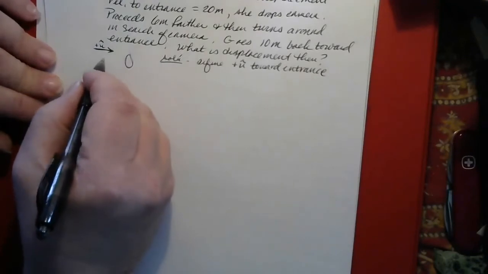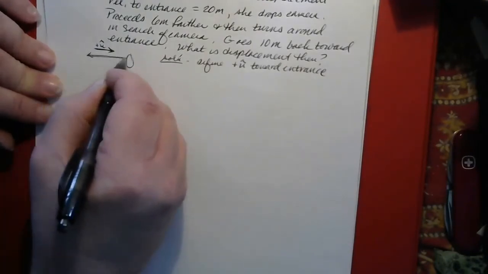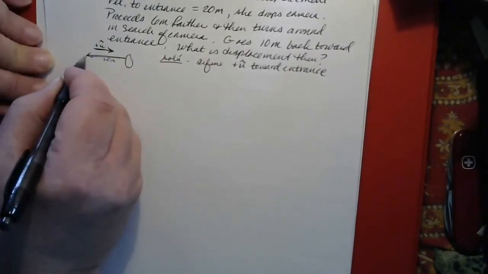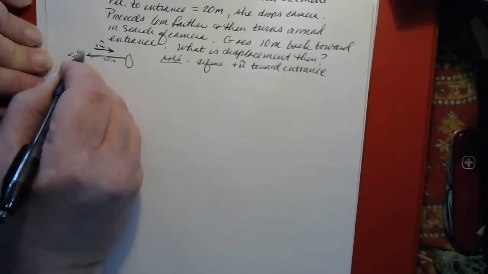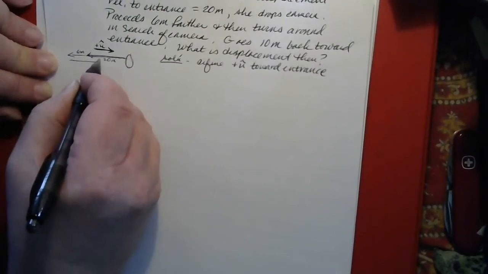Okay, so we have that. And essentially, the diver goes 20 meters into the cave. And that's where she drops her camera. But then she continues on 6 meters more before turning around and going 10 meters back.